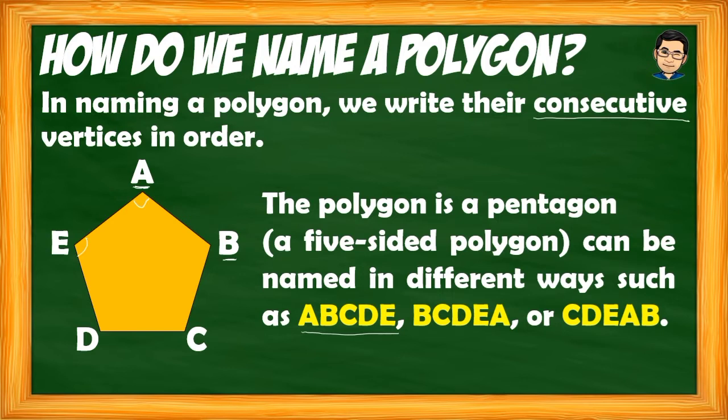These vertices are formed only when we have two sides joined together. For example, side EA and side AB, what angle is formed? We have angle A. Using just the vertex, we can name the angle, or we can also call it angle EAB, or the other way around, angle BAE.